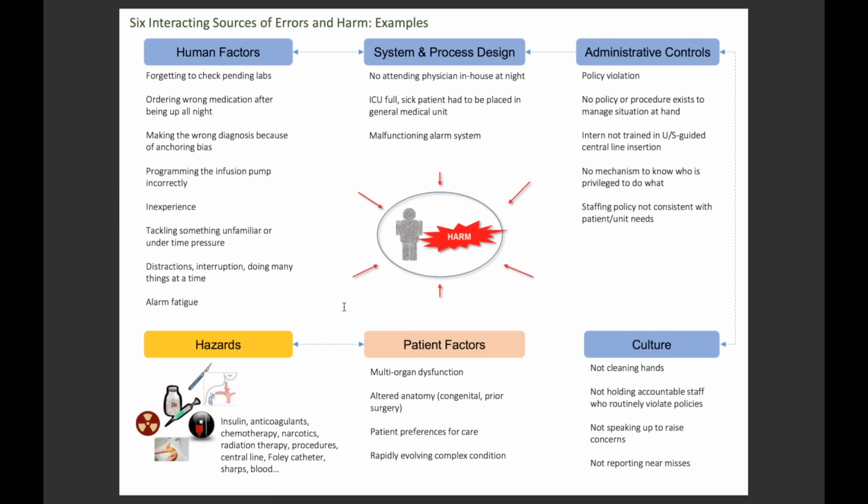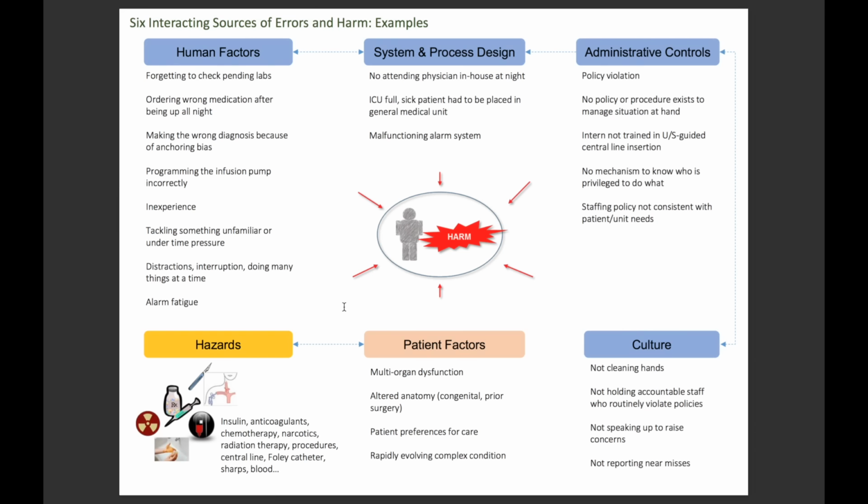System process design could be things like there's not an attending in house, the attending doesn't answer their page, the ICU is filled, someone's in the wrong ICU, the alarm systems don't work to the degree that you want them to. Administrative controls. So there's a policy that's been violated, or there's no standard operating procedures around something.